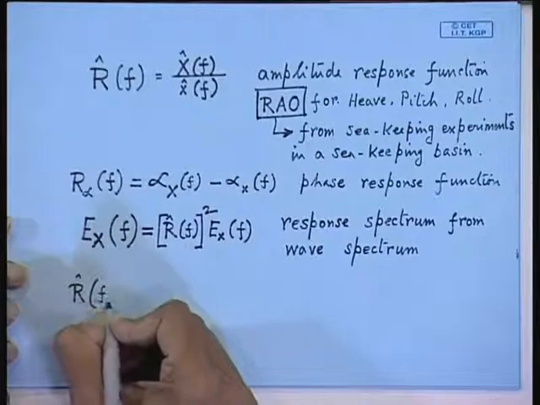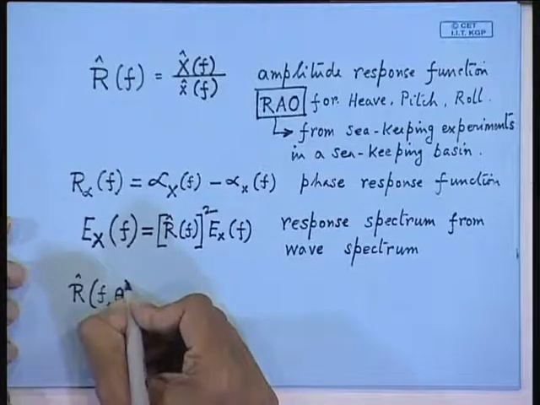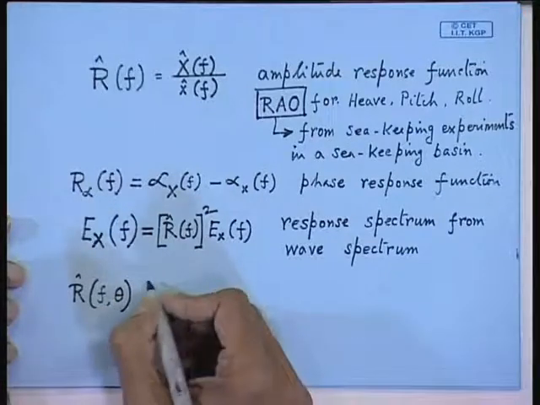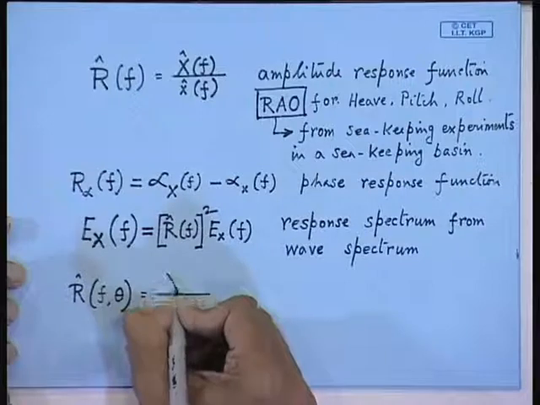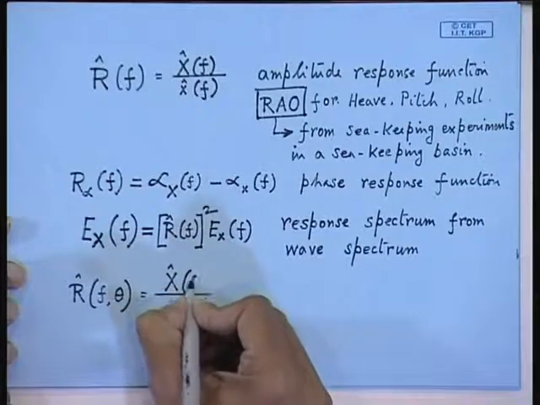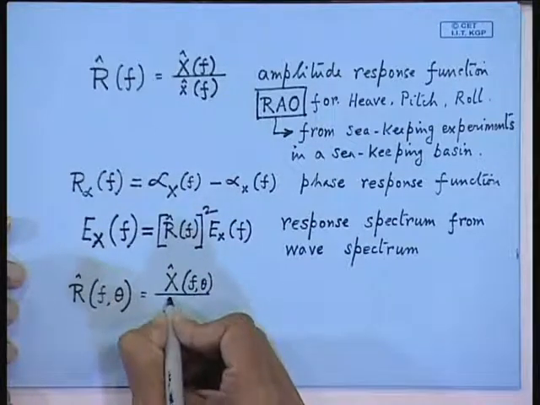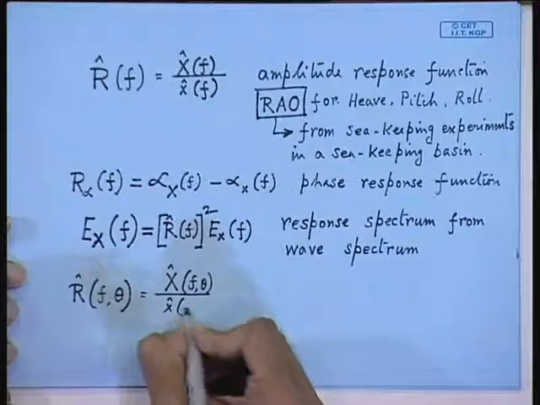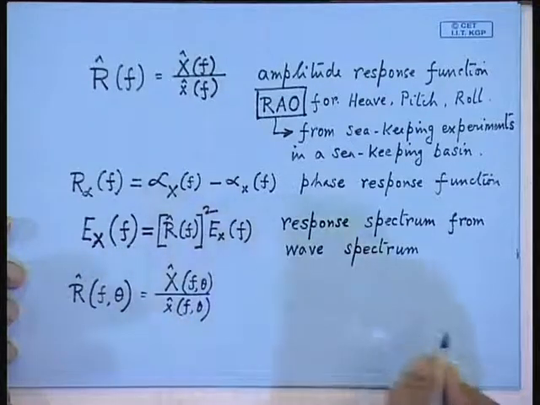The frequency, and the direction of propagation of the wave, that is denoted by this theta. So, here of course, this will be capital X, this will be f theta, and this will be small x. This is the only change that you will be required. So, introduce another parameter, that is theta, that is all.